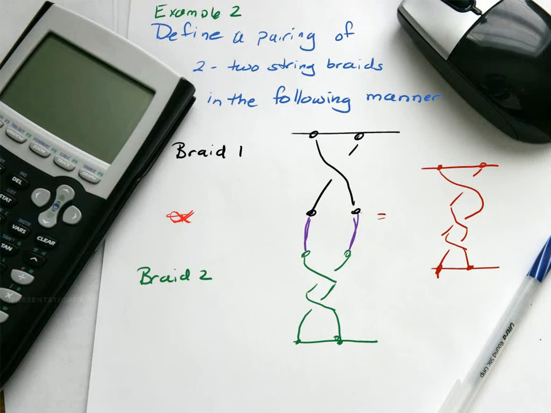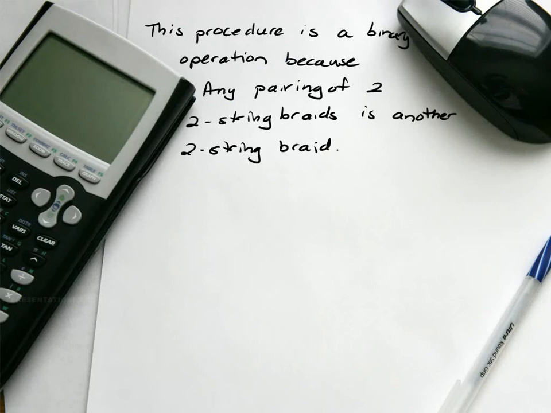That's a good question. You can think about it during your other meetings: if I turn around the order, would it turn out to be the same braid at the end? That's why we take things like abstract algebra, to occupy our minds. This procedure is a binary operation because any pairing of two-string braids is another two-string braid.